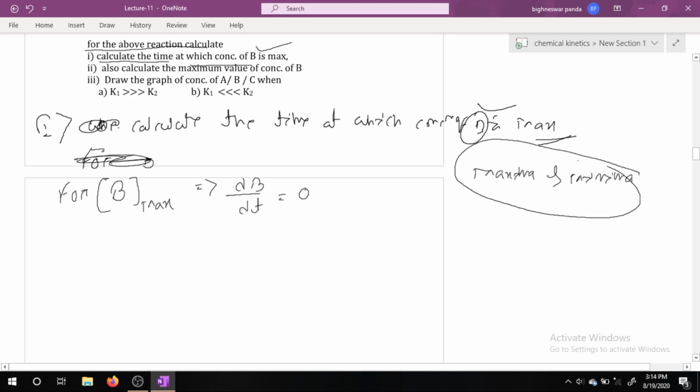For a maximum of a function I have to put dB by dt equal to 0.